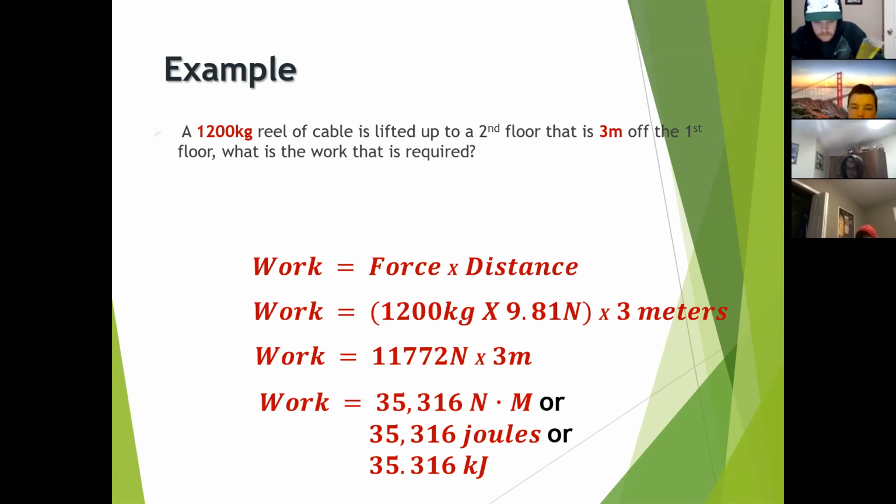We're working against gravity, times 3. We end up with 11,772 newtons times 3, and then we get 35,316 Newton meters, or we can call it joules.